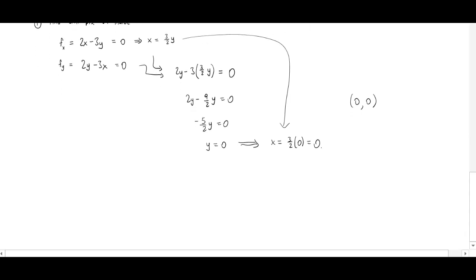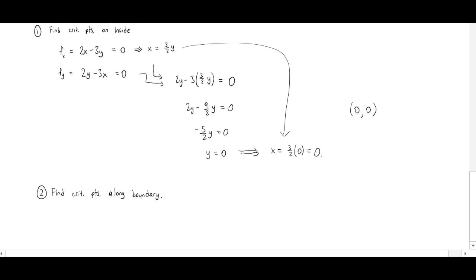Now for the second part, when we're looking for critical points along the boundary, the boundary of our region would be the circle x squared plus y squared equal to 1. So we talked about some different ways of finding extrema along the boundary last time.